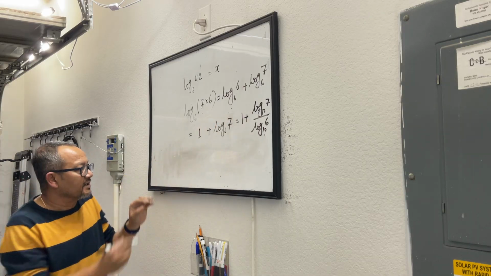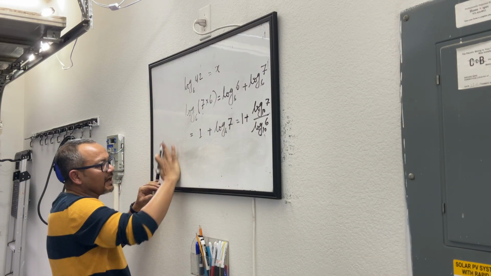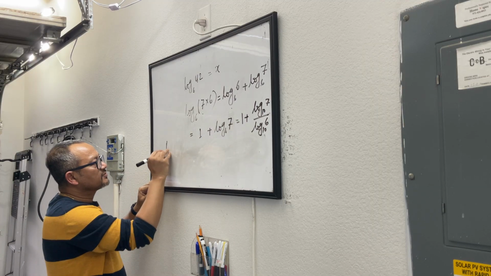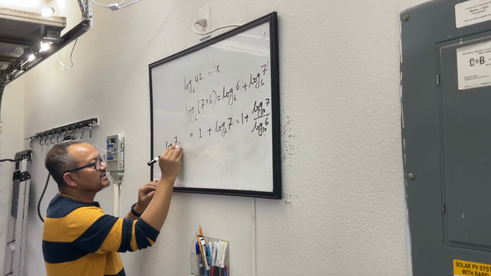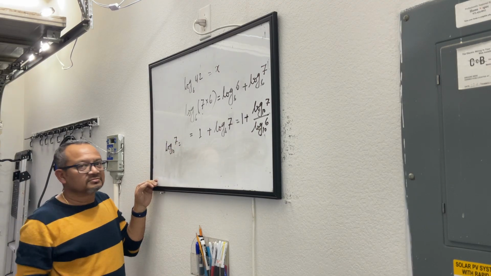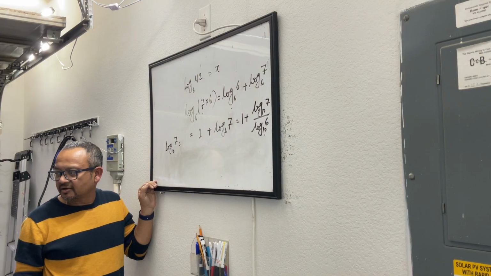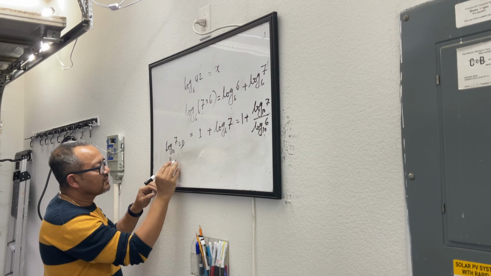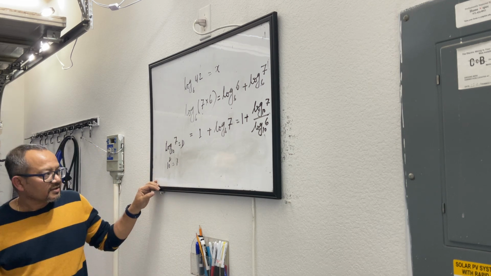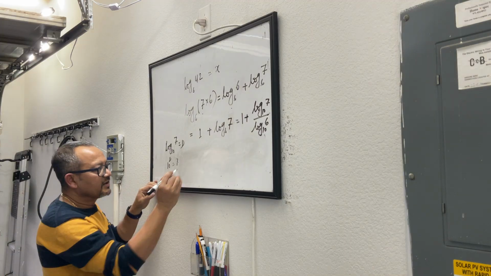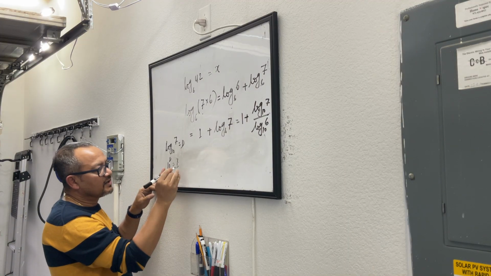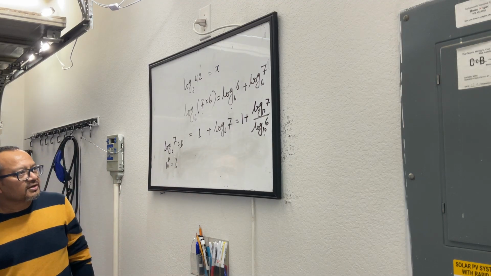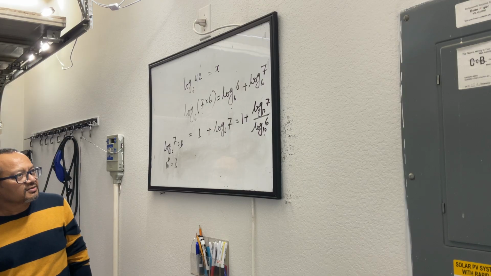Now log of 7 base 10. There will be a little bit of calculation that you have to do if you are not supposed to use calculators. Let's say log of 7 base 10 is equal to D. That means 10 to the power D equals 7. Now think about it. I'm just trying to find a creative solution here.